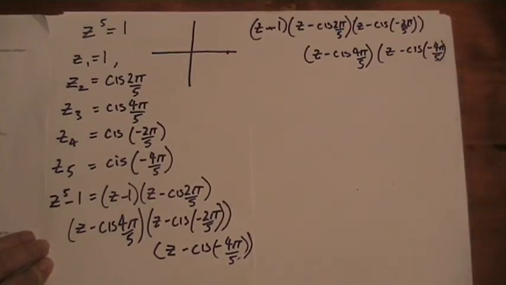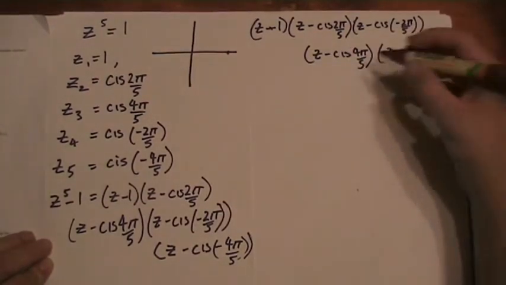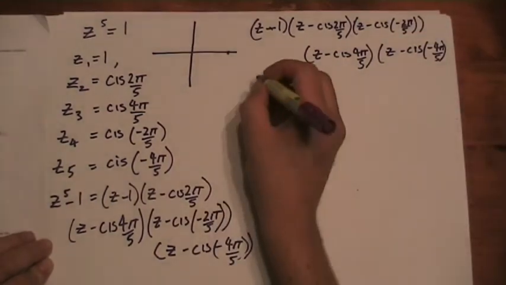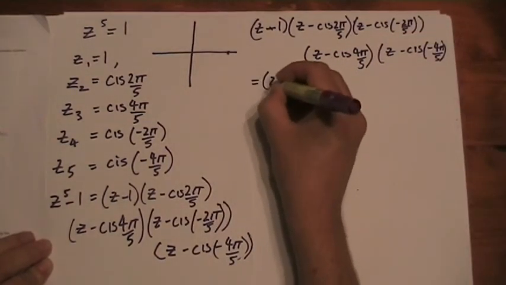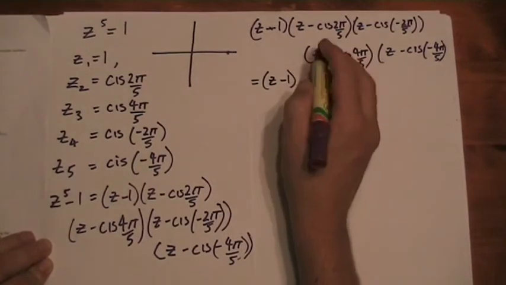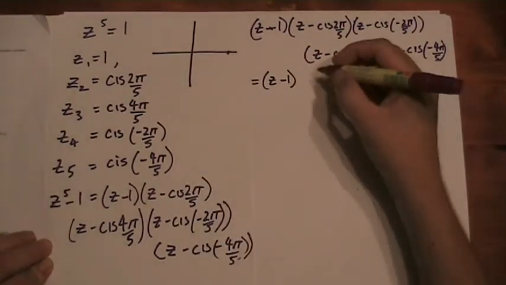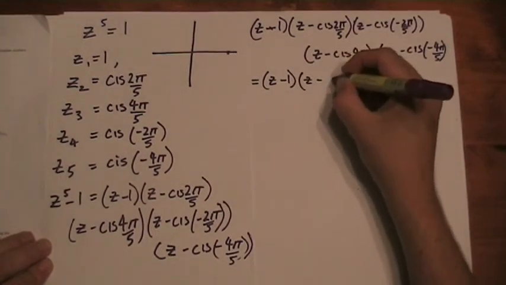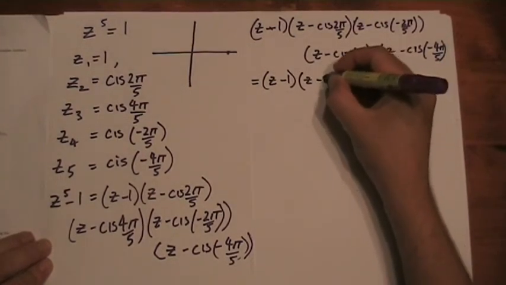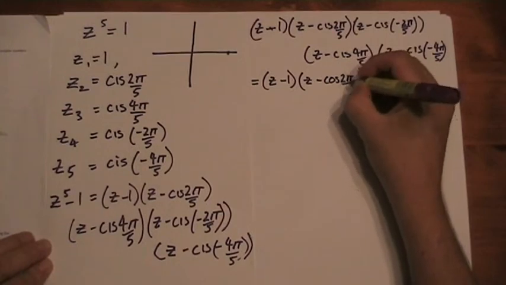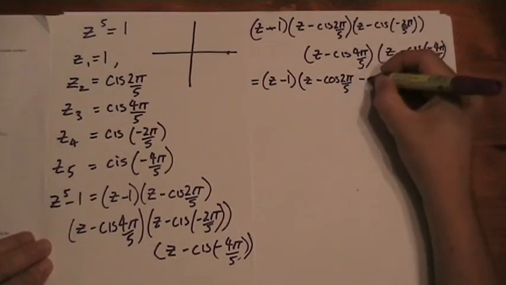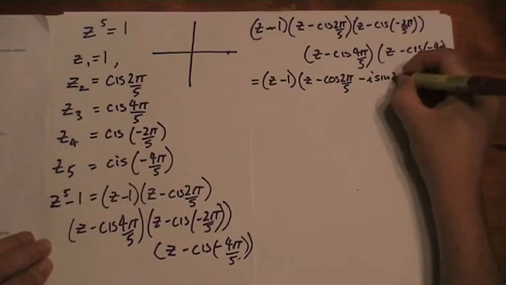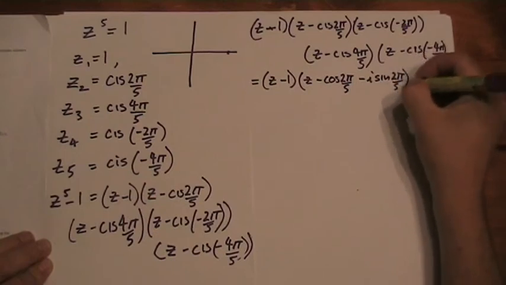Now this is going to get a little bit long, but I'll keep working. So that's z minus 1, then this one I can write as z minus cos of 2 pi on 5 minus i sin 2 pi on 5.